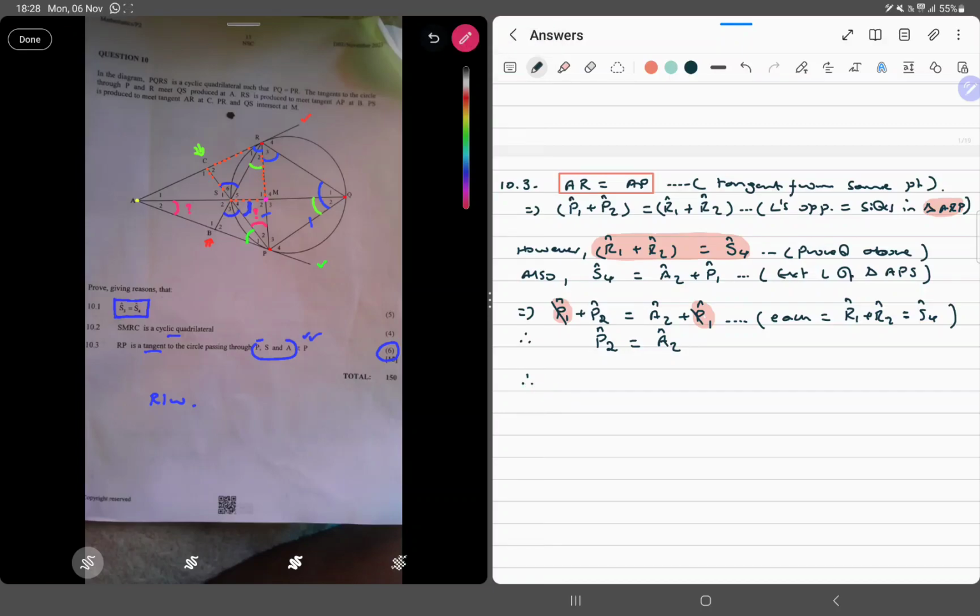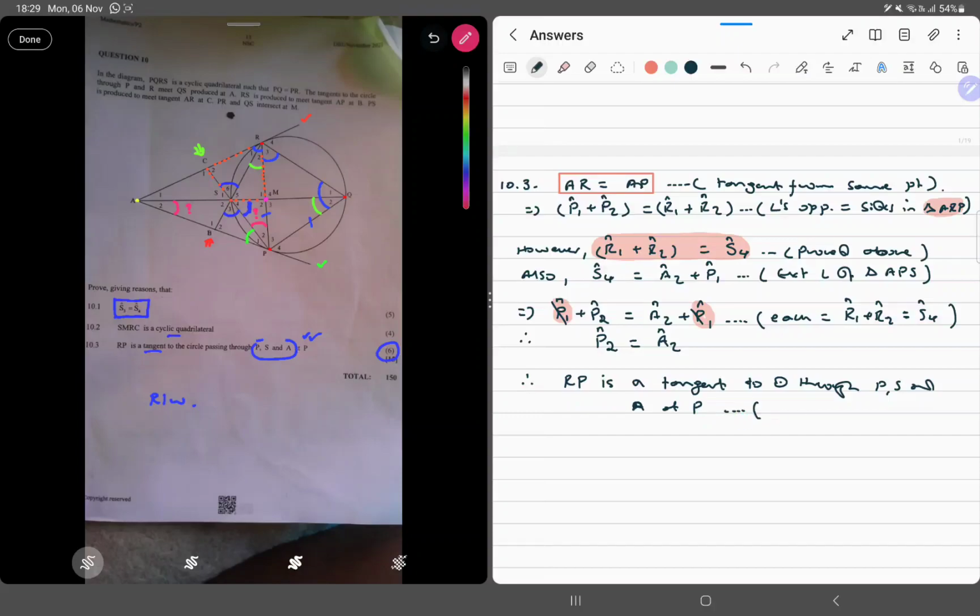Then we can conclude that therefore PR, or RP as it is stated, is a tangent to circle APS, or let's just write it as it is stated, through PS and A at P. Why?